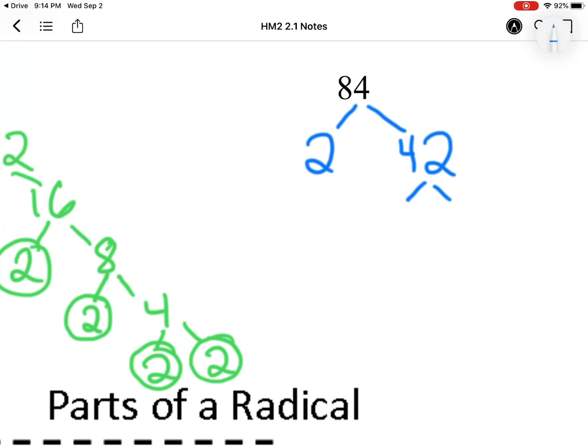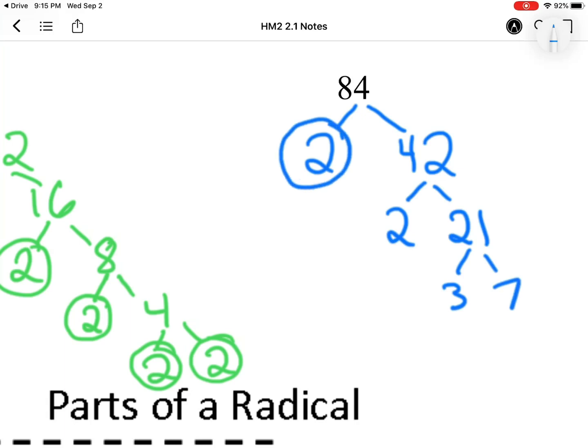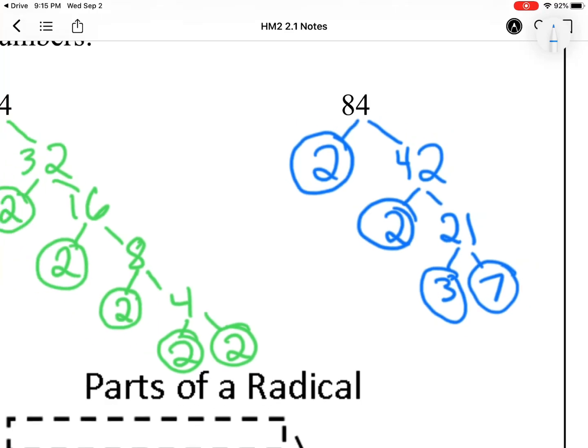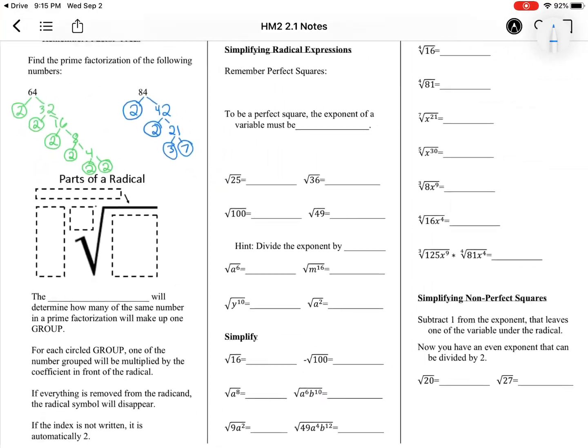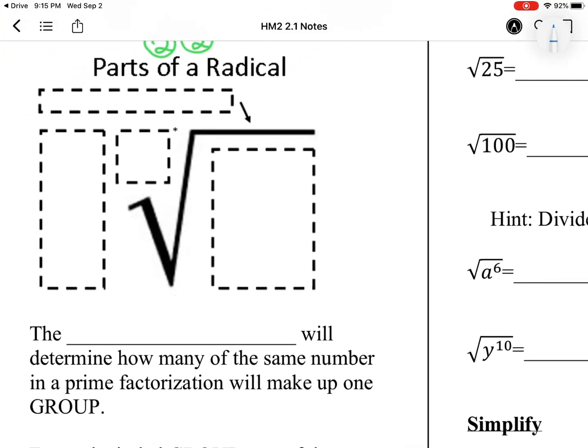Then we take 42 and factor it out: 2 times 21, and then 3 and 7. So our 2 is prime, our 3 is prime, and our 7 is prime. We're going to use this while we're simplifying radicals.